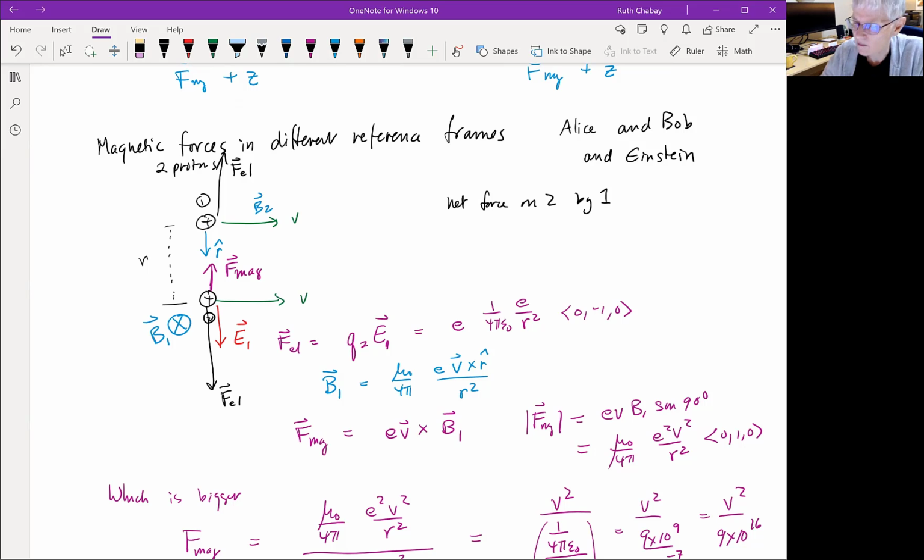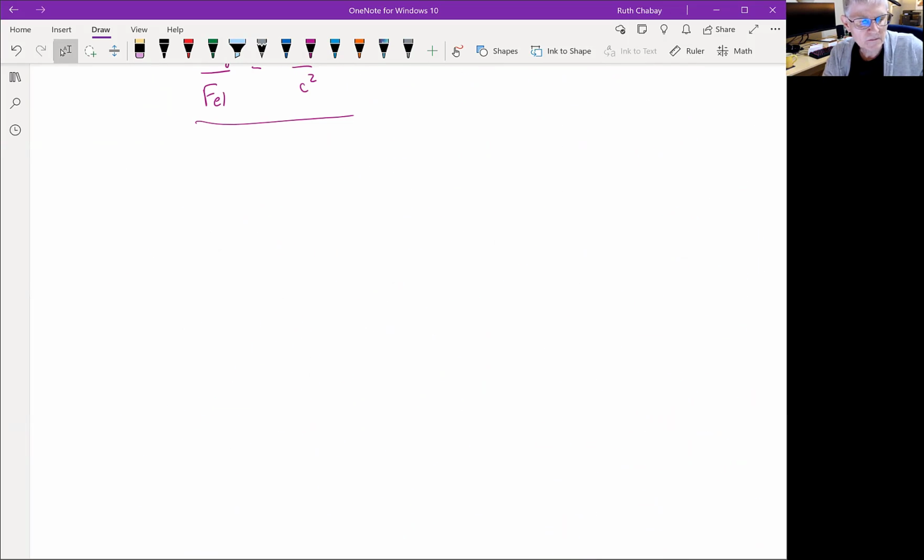So V cross B, the magnetic forces are attractive, but the electric forces are repulsive. So that means the protons are still going to move apart. The path of proton 1 is going to go kind of like that, and the path of proton 2 is going to go kind of like that, until they hit the floor and the ceiling, right?